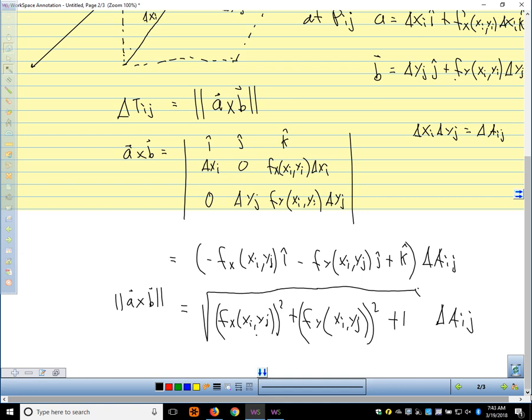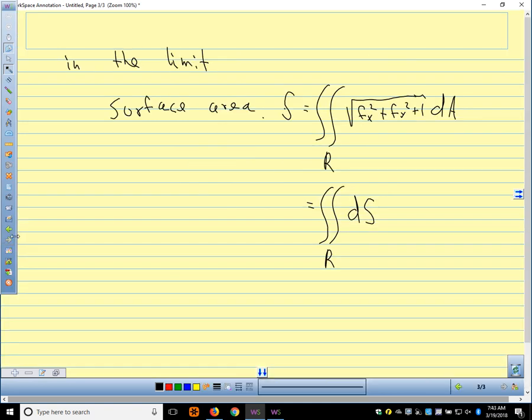All right, we good? So keep this idea in the back of your head, that the square root of f sub x squared plus f sub y squared plus 1 is the magnitude of the normal vector at a point, because in chapter 15, when we come back to the idea of a surface integral, that idea will be pretty important.